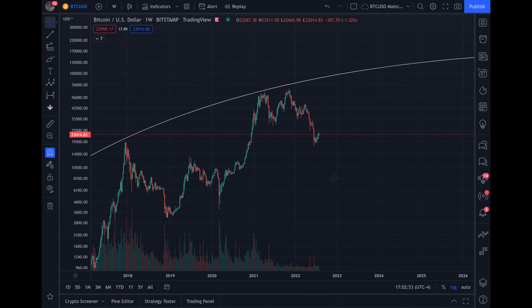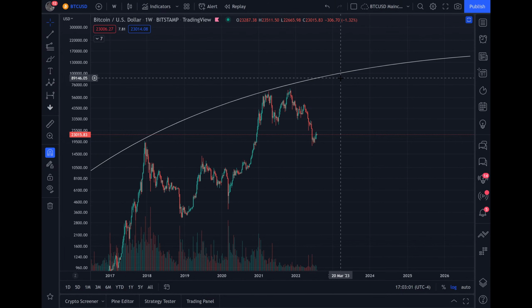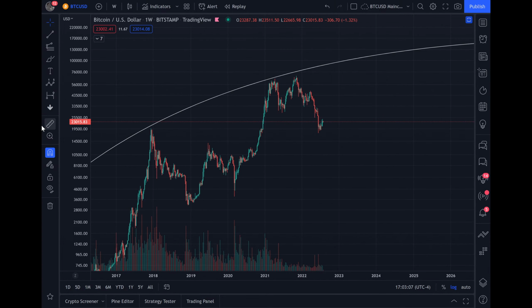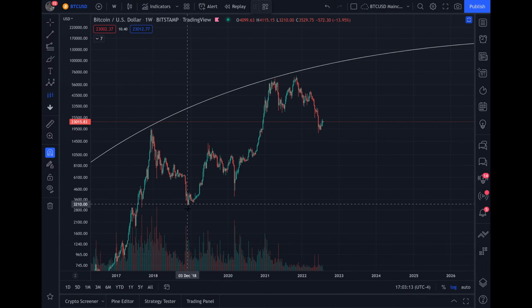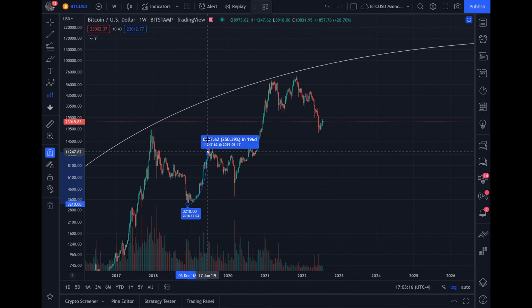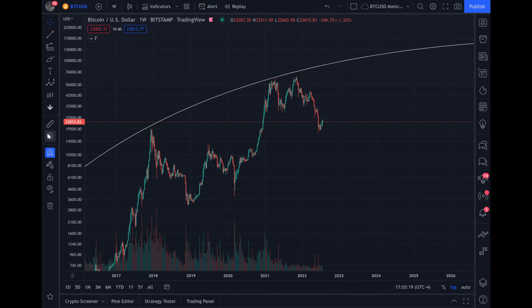Watch this. Okay, what I'm going to do is I'm going to simply take a... What am I going to do here? A few ways we can go about this. Here, let's try this. All right. Let's try the forecast tool. Actually, no, not the forecast tool.